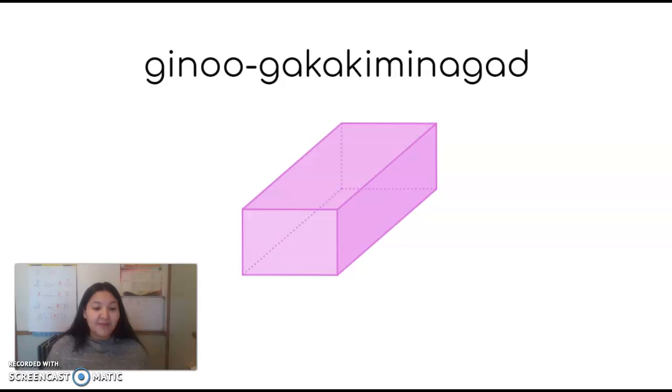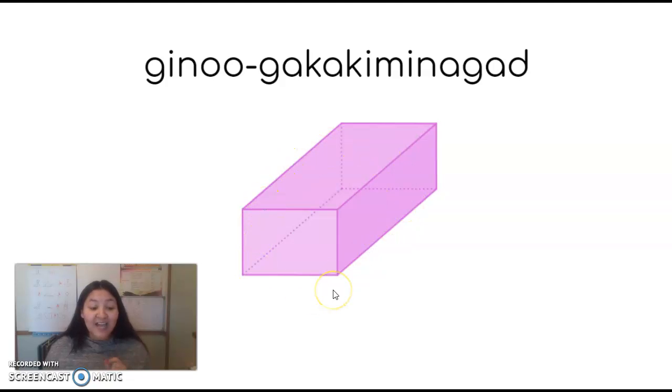Now, we have much time. Next shape. Genu gaka keminagad. So this one looks a lot like our last one, but we have our genu phrase right here. Our long word, our genu makes it long. You can see how this side is longer than this side, and that's what makes it a genu gaka keminagad.